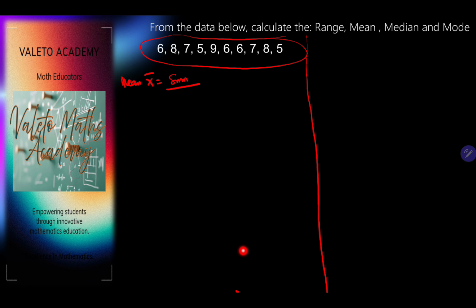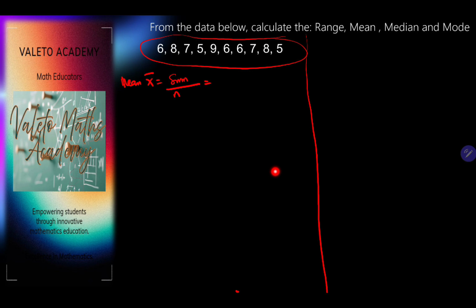And here we have 1, 2, 3, 4, 5, 6, 7, 8, 9, 10 elements in the data set. So the total elements we can represent by n. This is for an ungrouped data. The difference between a grouped data and ungrouped data is that a group has more than one element in that group. We'll get there.